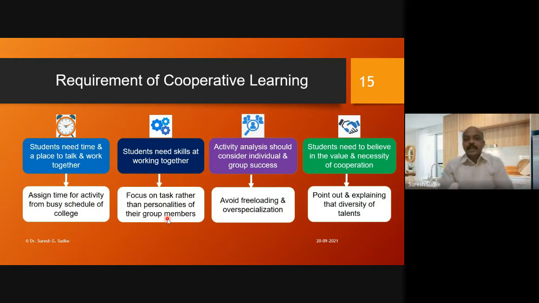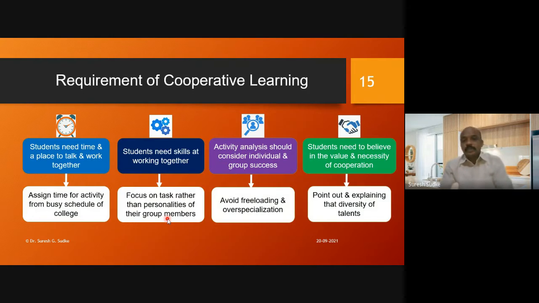Then activity analysis should be considered: individual and group success. So we have to inculcate in our students' minds that if the individual performs, the team will perform. And if the team performs, that will be a successful team.